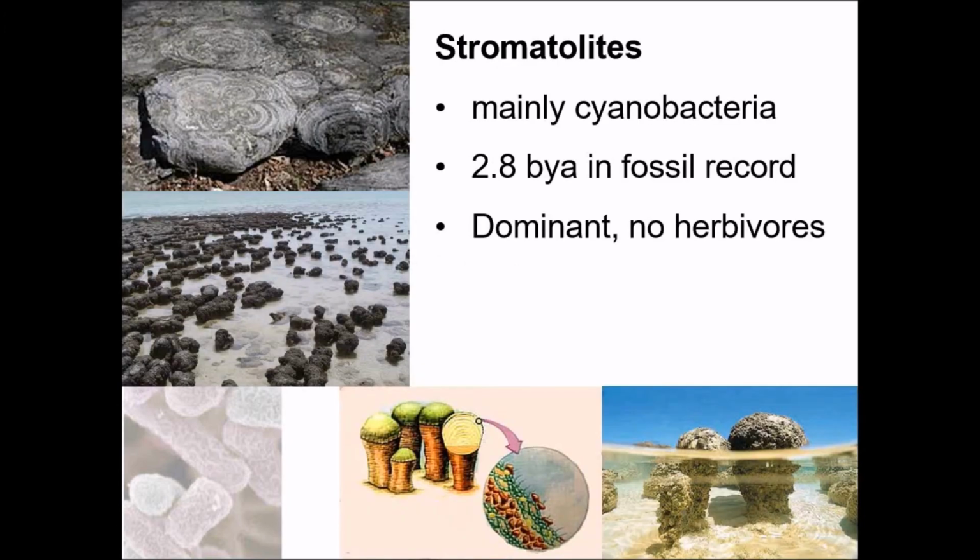Now we come to stromatolites. Stromatolites are one of the primitive cyanobacteria. These are the oldest living organisms that we can see today. In a way, they are living fossils.